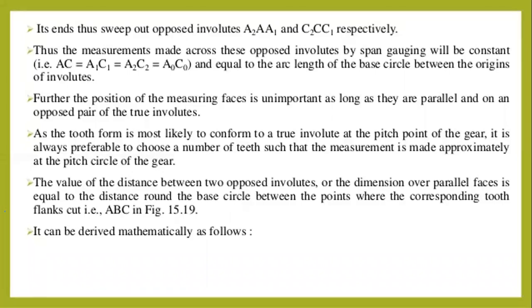It is always preferable to choose the number of teeth in the measurement so that the measurement is made approximately at the pitch circle of the gear. So this approximation has to be done.